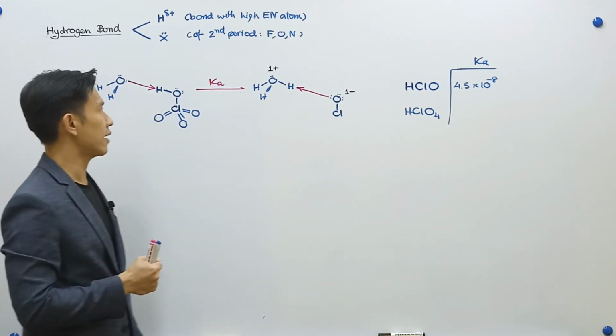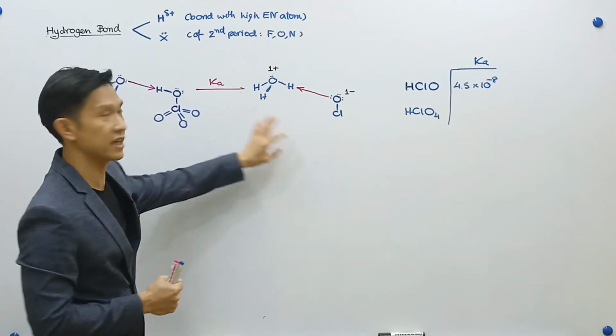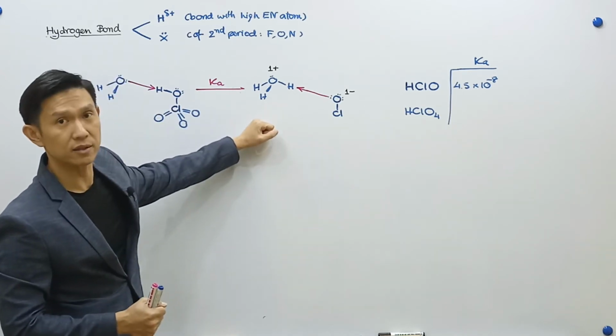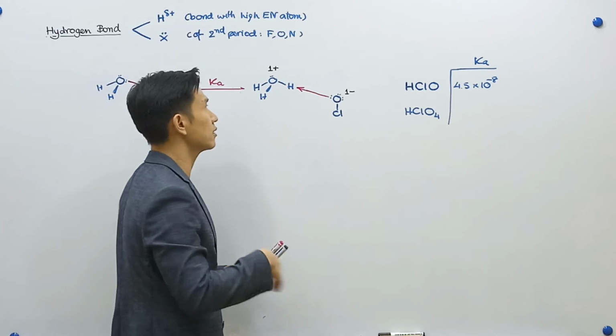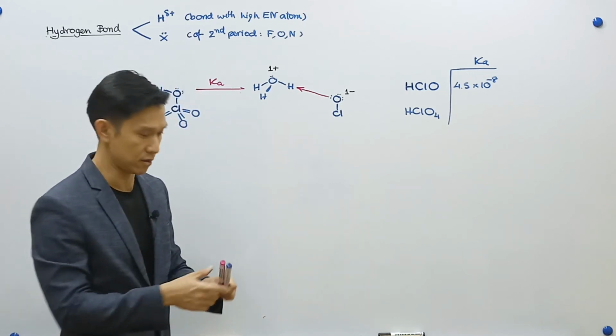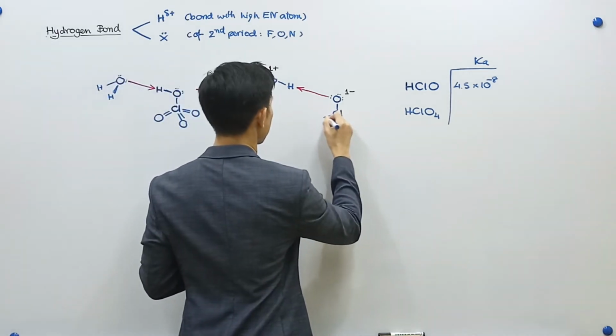On the other hand, after you finish dissociation, you end up with hydronium ion and the perchlorate ion. The structure of the perchlorate is like this.